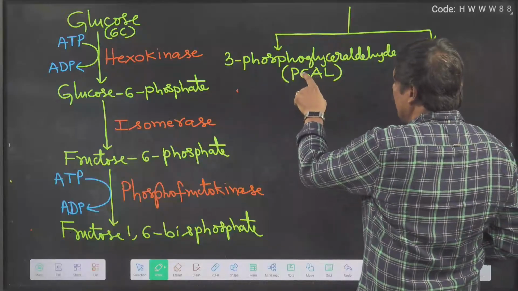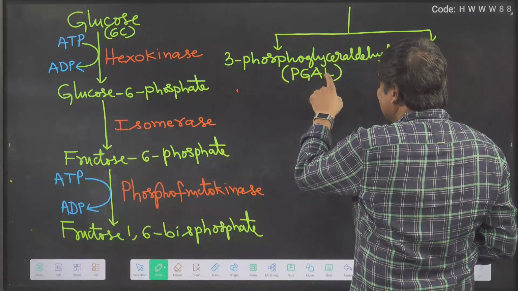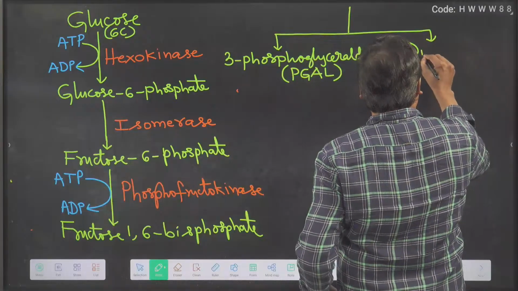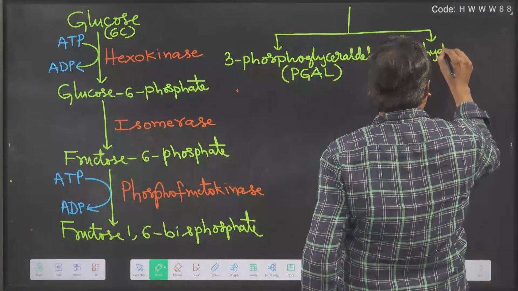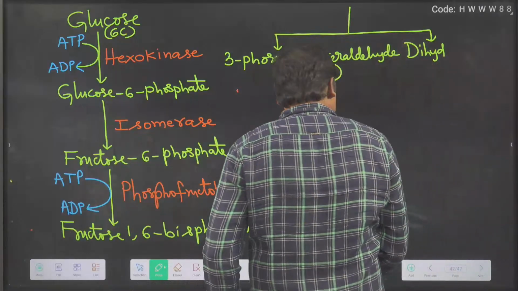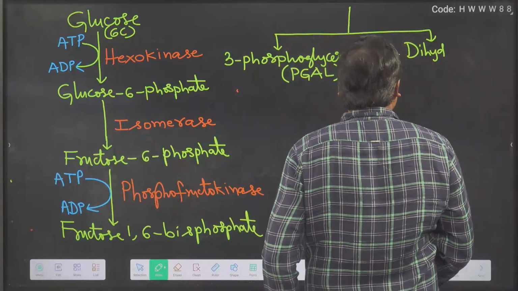PGAL means phosphoglyceraldehyde. And the other is dihydroxyacetone phosphate.